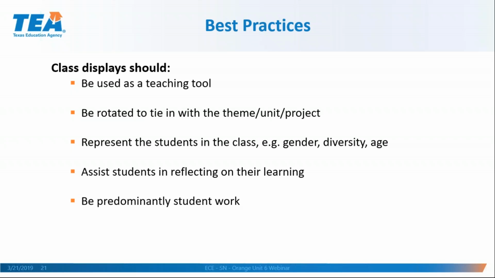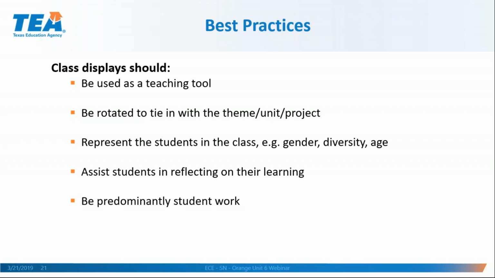If by looking at it the student doesn't say, oh, I remember when we did that, or, oh, I'm going to go make another one of those in art, that's not best practice. The display should assist the student in thinking about what they've learned in the past or what they're going to learn.